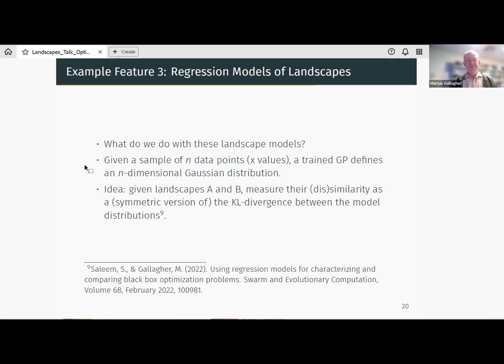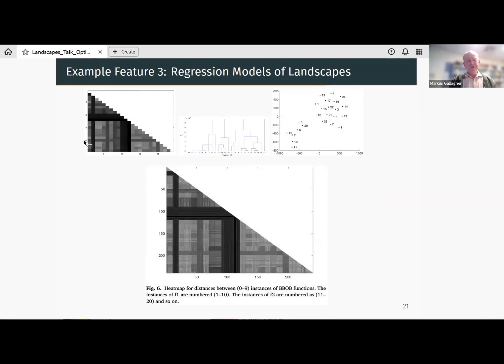From this, we can calculate a distance between these problems in terms of the KL divergence, or a symmetric version of the KL divergence, between the two distributions that come from the trained GP models, which was the main idea with this.